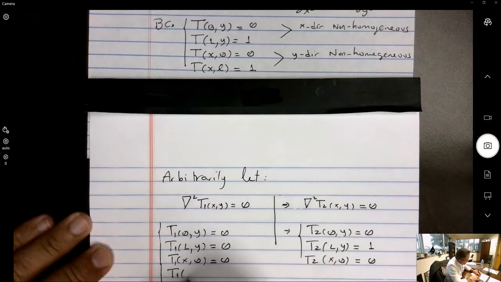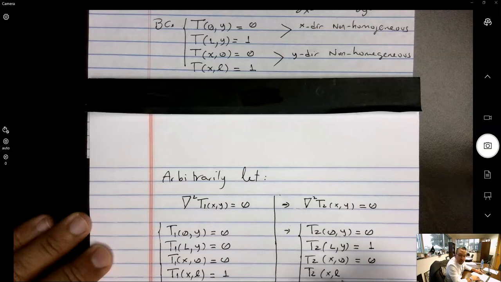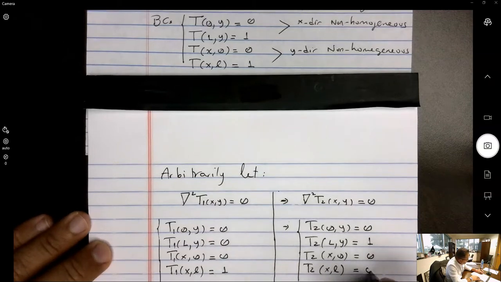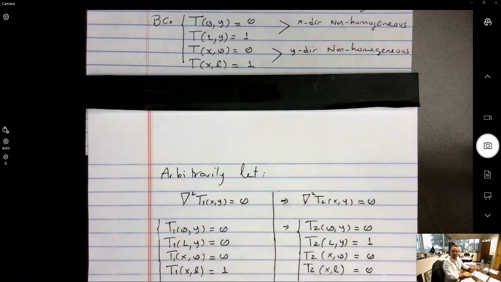And if T1 at x, comma small l is equal to 1, then T2 at x, comma small l should be equal to 0. And now we have two separate problems, each of which is eligible for use of separation of variables.